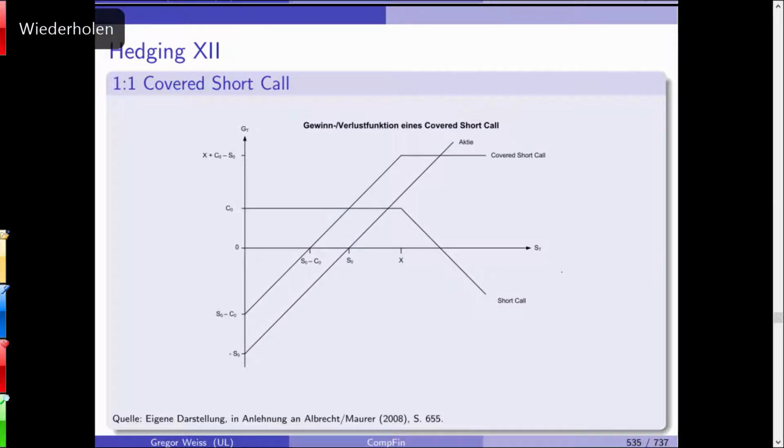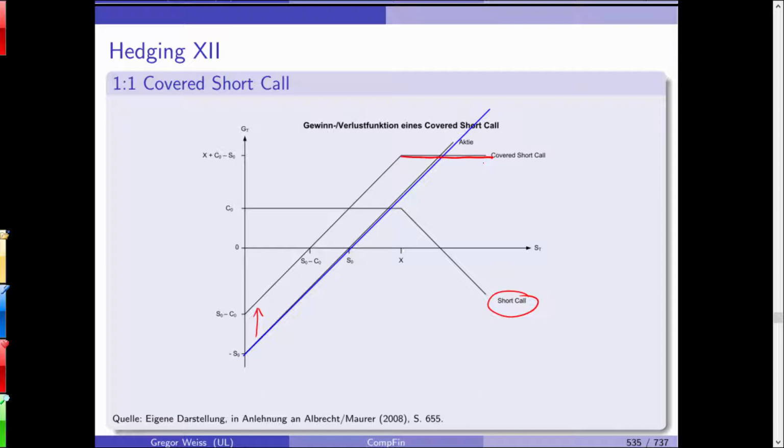Now let's look at this. We previously had the underlying long. We have the short call here, and the covered short call reduces losses here, and the price we have to pay is that with extreme increases in the underlying price, we are capped at some point, at some level here.